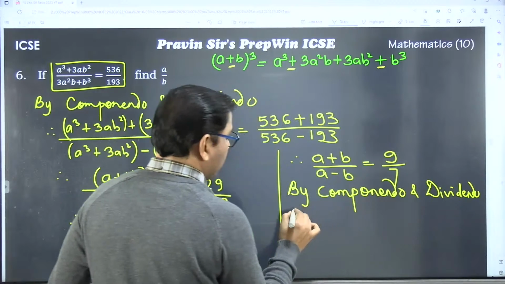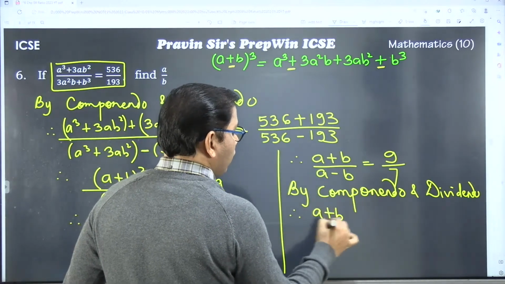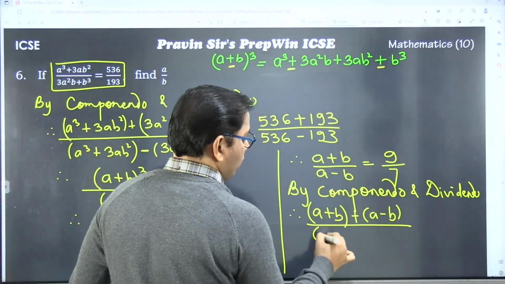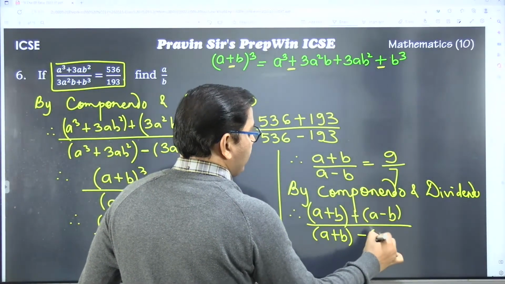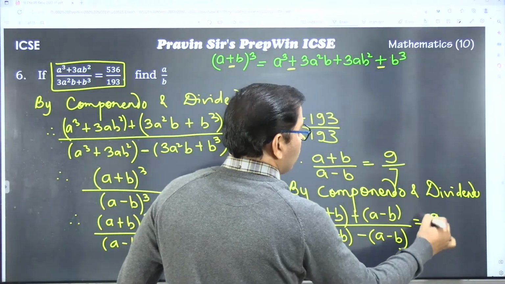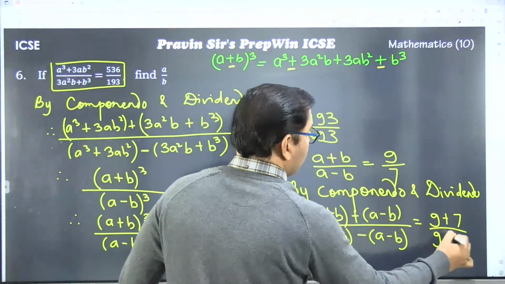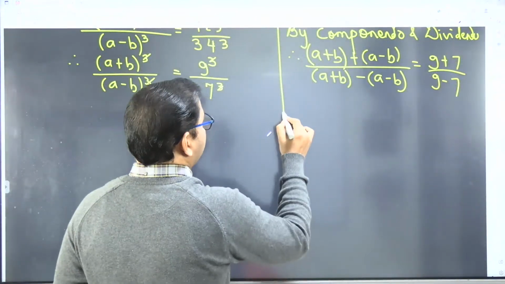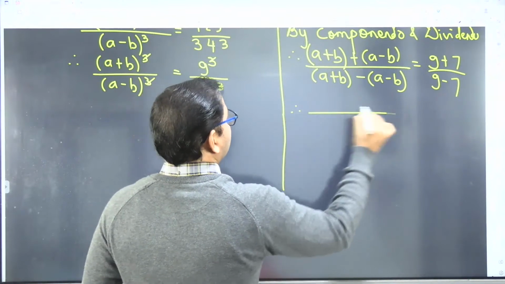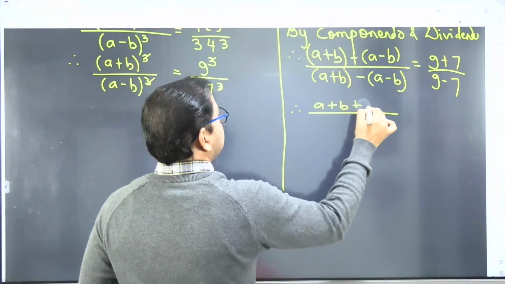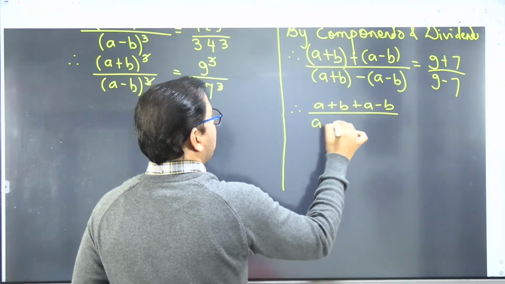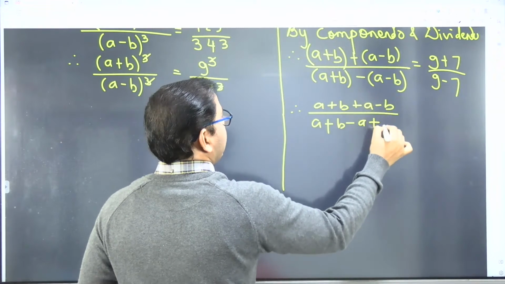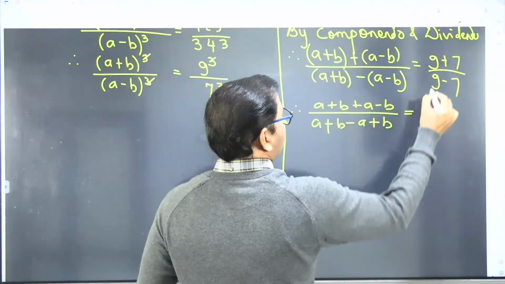So what is my answer? a plus b plus numerator plus denominator, denominator is a minus b, upon a plus b minus a minus b is equal to 9 plus 7 upon 9 minus 7. When I open the bracket, with plus nothing changes, but when opening a bracket with minus, plus a will become minus a and minus b will become plus b. 9 plus 7 is what?